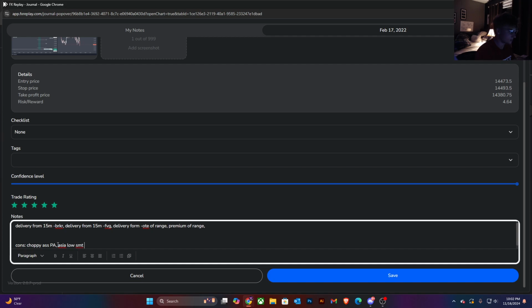Asia low SMT below, but I don't really care about it because higher time frame narrative is bearish and Euro is lower to previous day's low and daily sell side liquidity. Premium of range, 1 minute inversion. Closed out below. Good momentum as well. So yeah, we'll try this.